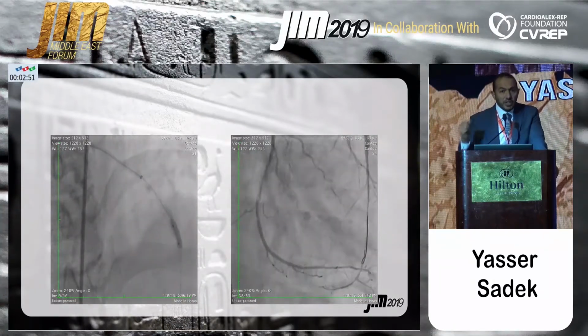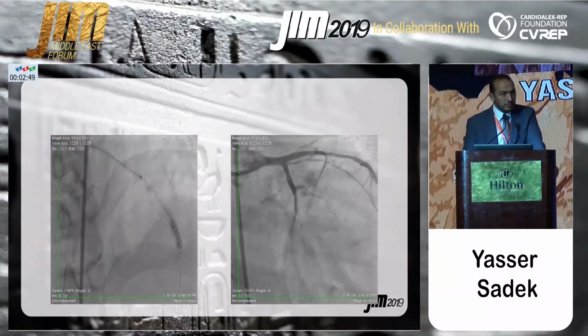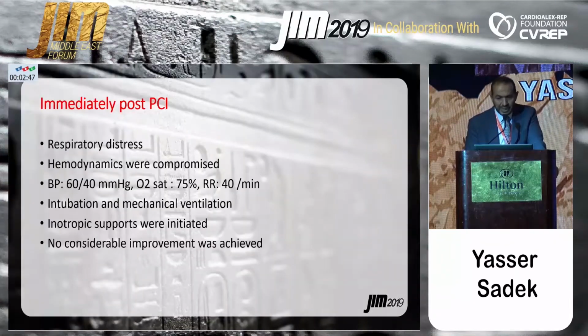My wish at that time was to stop here, but what happened? Respiratory distress, hemodynamics were compromised, blood pressure was 60 despite huge doses of inotropes, and the patient was put on mechanical ventilation at that time.